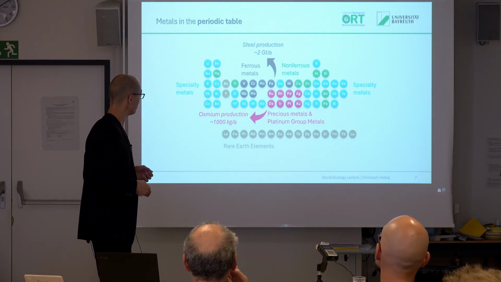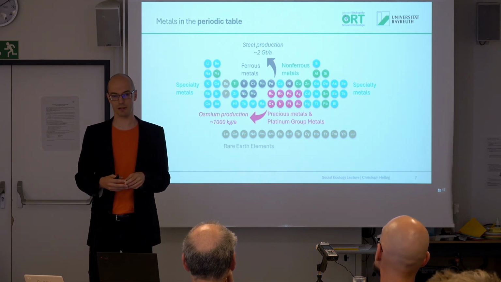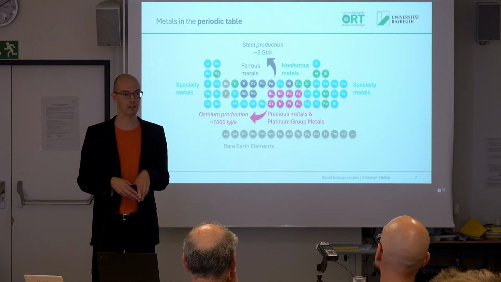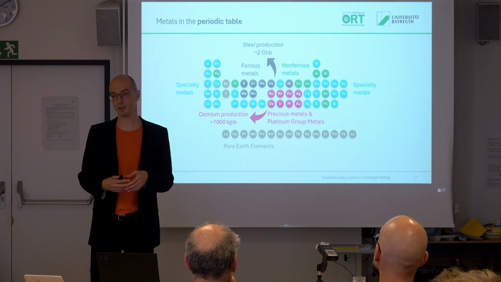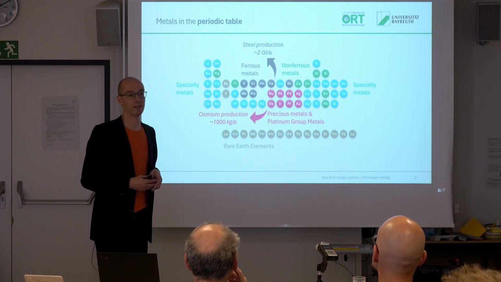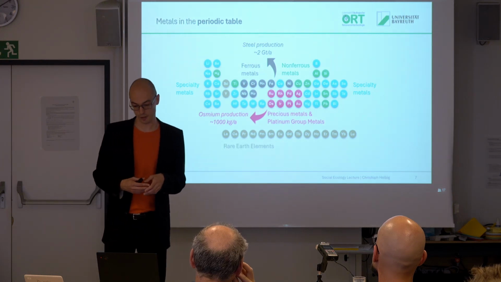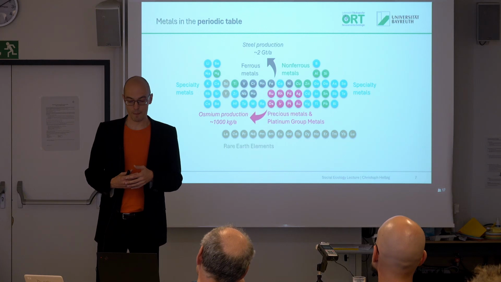In colors, you see one of the many options to divide those 60 metals into different parts. You can talk about ferrous metals, and we're talking mostly about steel and alloying elements for steel. We can talk about non-ferrous metals, from anything from wires to semiconductors to lead in your starter battery for cars.